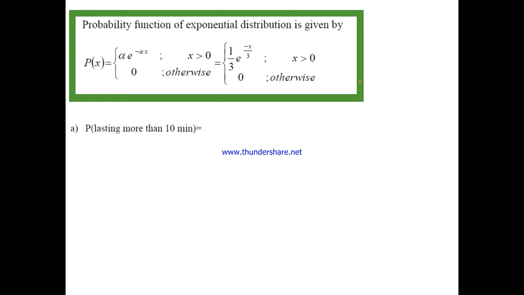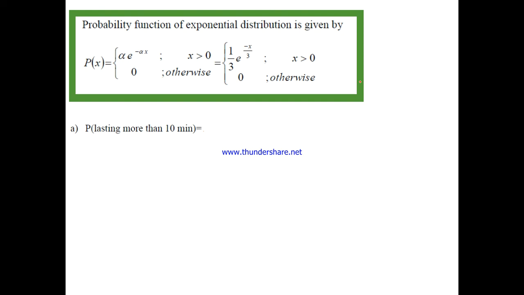The first subdivision question is the probability of lasting more than 10 minutes. So the random variable x is nothing but the length of the telephone conversation.